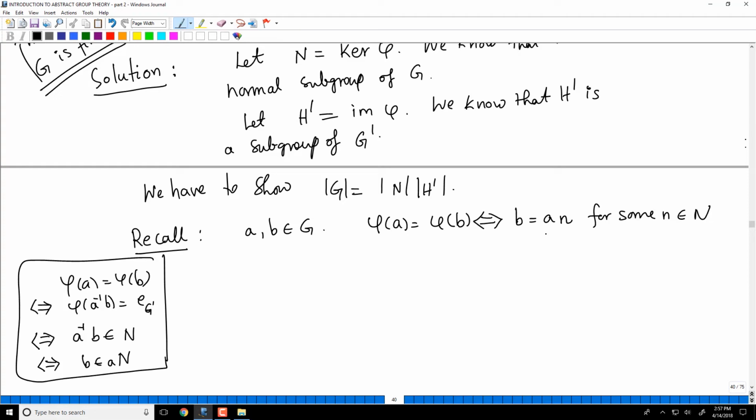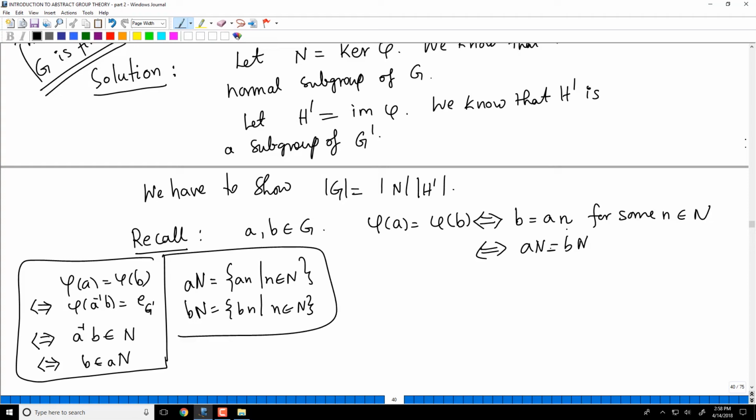So this is the if and only if statement. This is the statement that AN equals BN. Recall that AN is the left coset, A times small n for all small n in N, and BN is B times small n for all n.